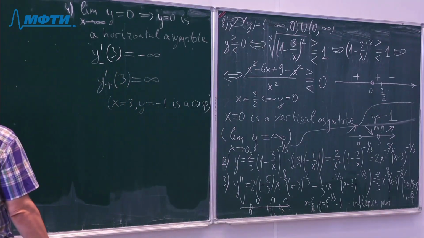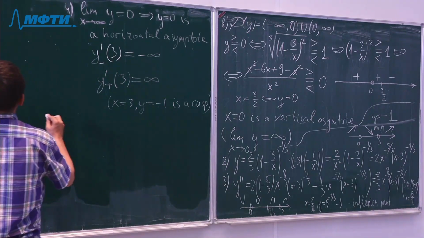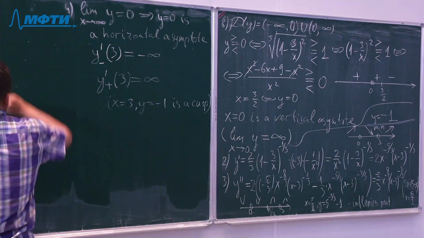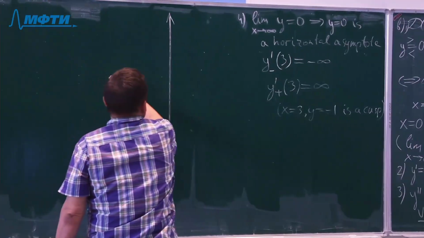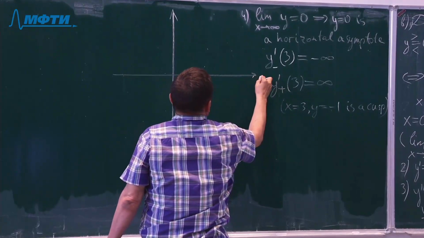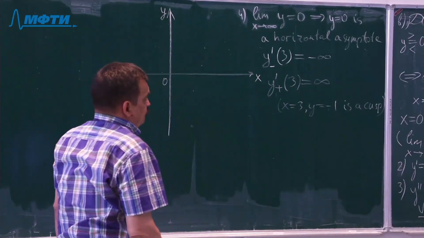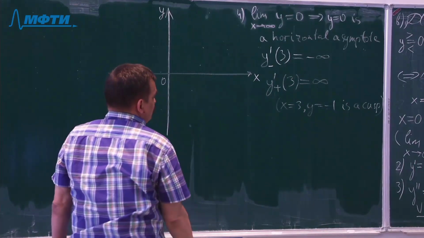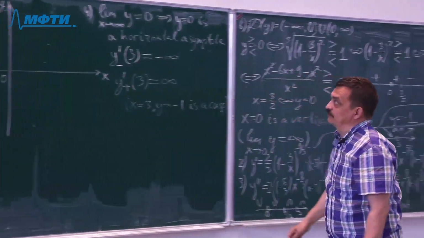And after that, let me draw the graph. I don't want to spend too much place for the graph. So we have vertical asymptote x equals to 0, horizontal asymptote y equals to 0.